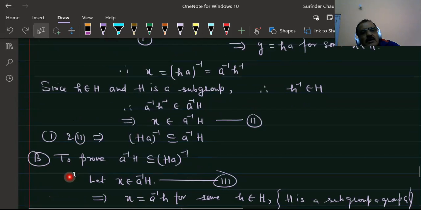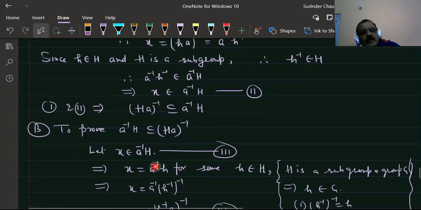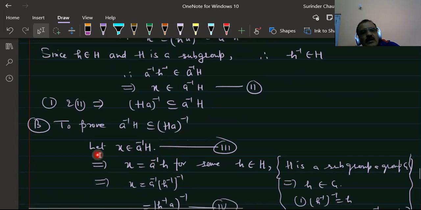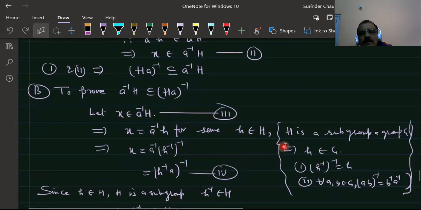Second part is we will prove that a inverse H is a subset of (Ha) inverse. Let's take x belongs to a inverse H. So x will be a inverse h for some h in H. Now we replace this h by h inverse inverse. So a inverse h inverse inverse can be written as (h inverse a) whole inverse.